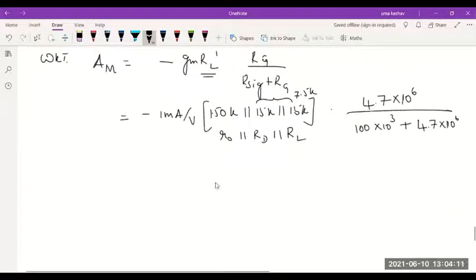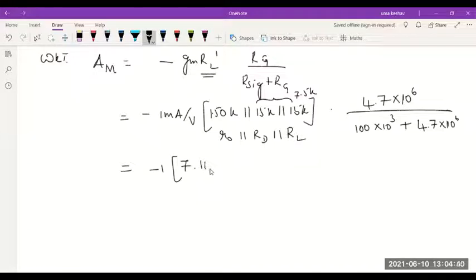Find out how much is the mid-band gain. How much is 150K in parallel with 7.5K? I think it will be 7.2 or 7.3. Yeah? 7.14. Okay.